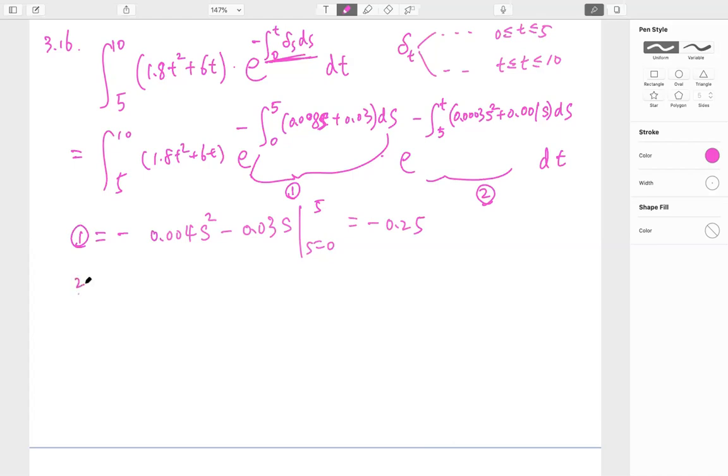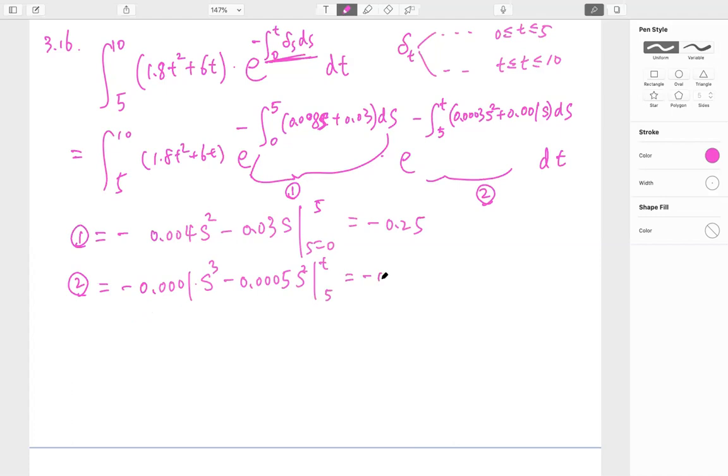Now let's do the second integral, 5 to t. I can evaluate the antiderivative: negative 0.0001 s cubed minus 0.0005 s squared from 5 to t.